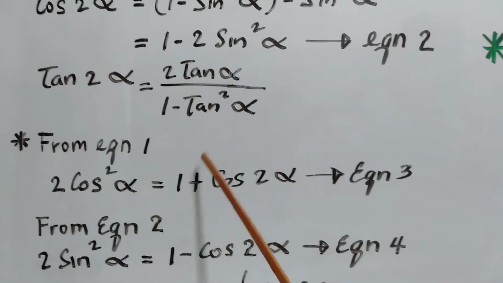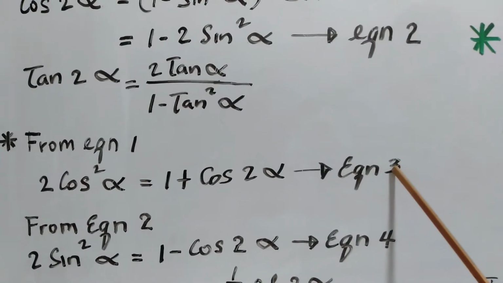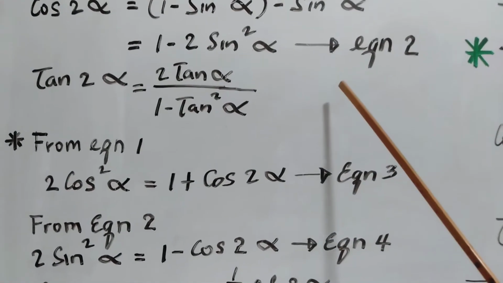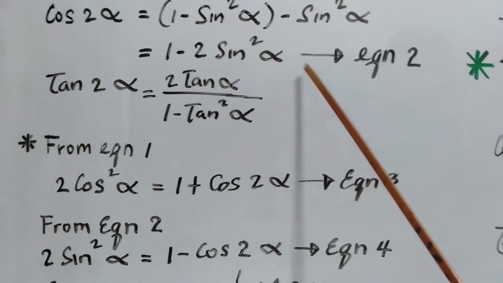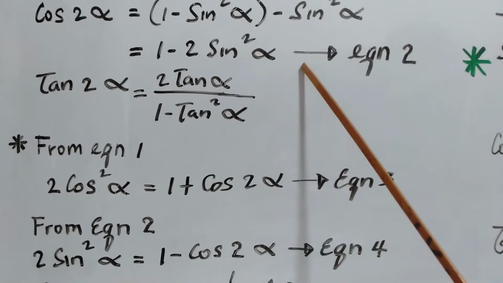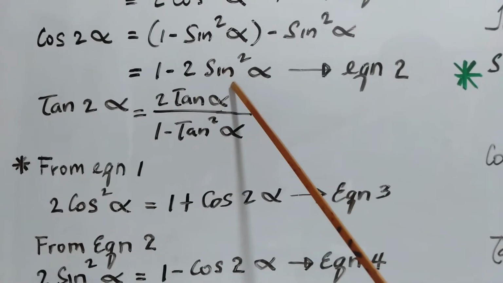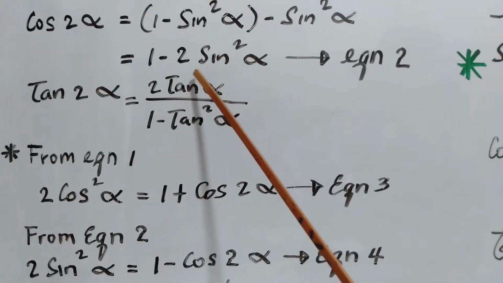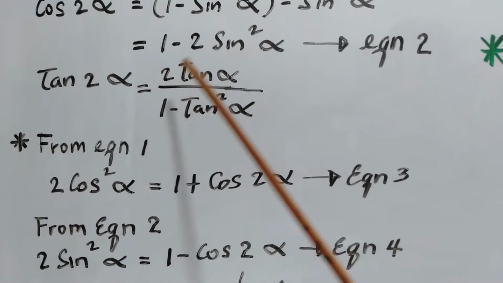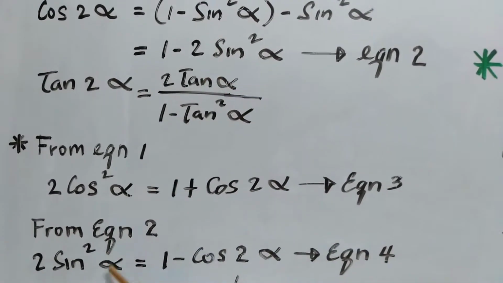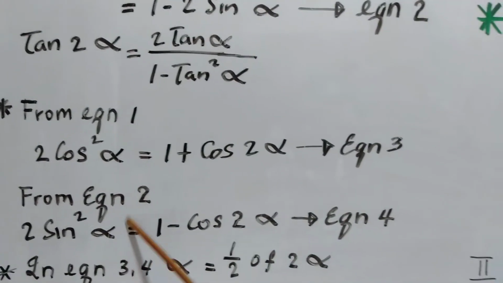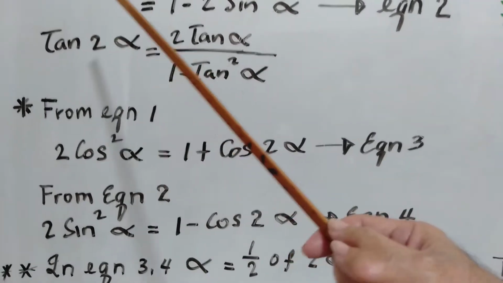We now call this equation 3. For equation 2, cosine 2 alpha is equal to 1 minus 2 sine squared alpha. We want to transpose 2 sine squared alpha to the left side of the equation, so 2 sine squared alpha is equal to 1 minus cosine 2 alpha.